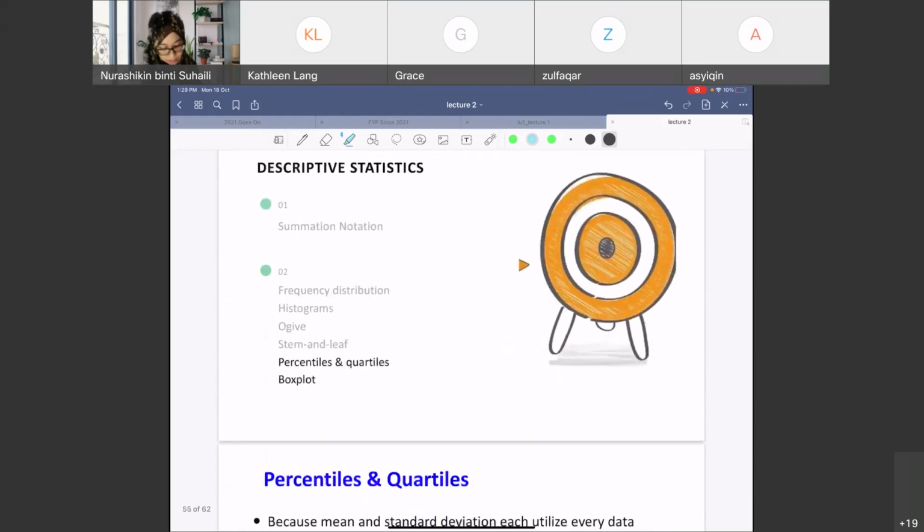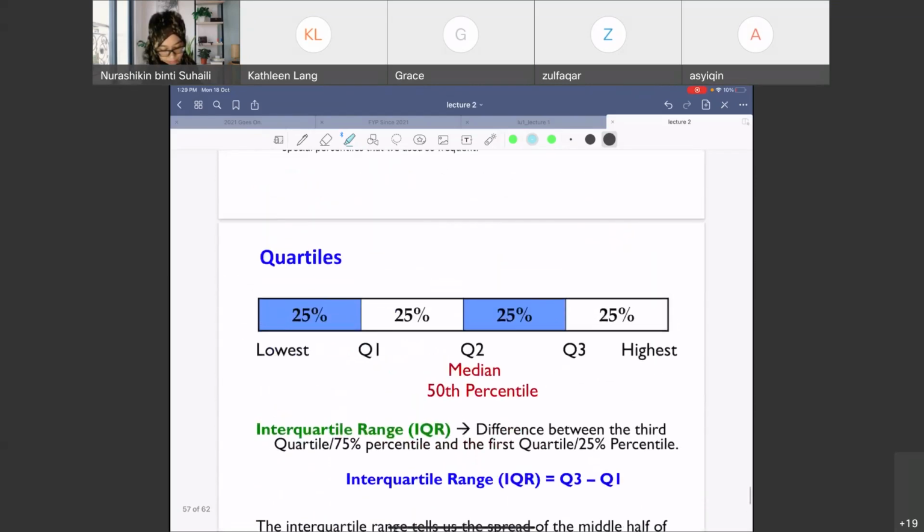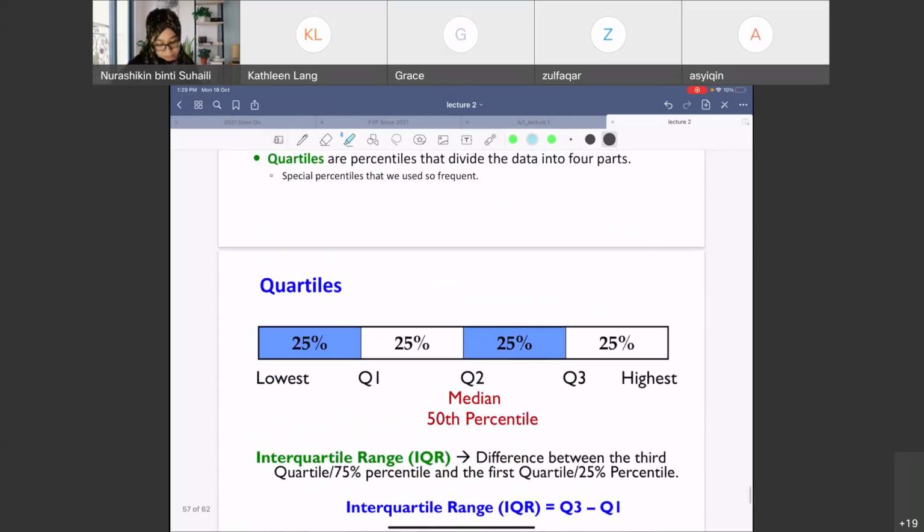The next part is percentiles and quartiles. What is that? Let's say you have the original data, we call it the distribution, and we divide it into quartiles. Quartile means one quarter, like 25%.